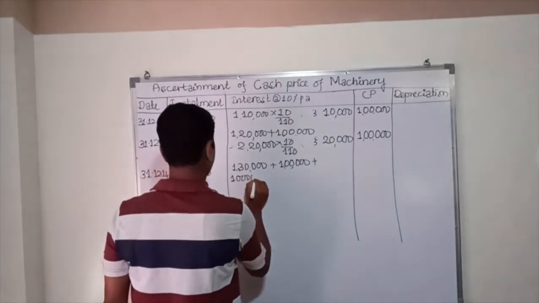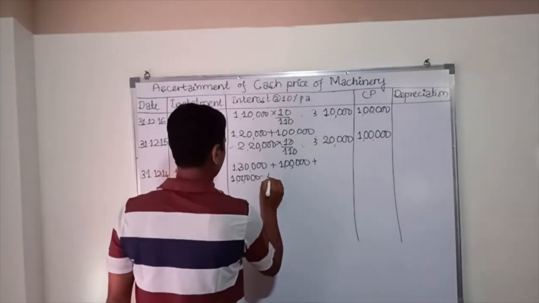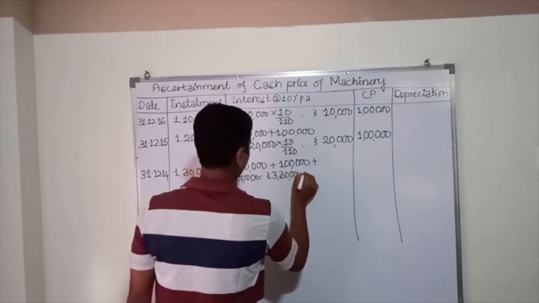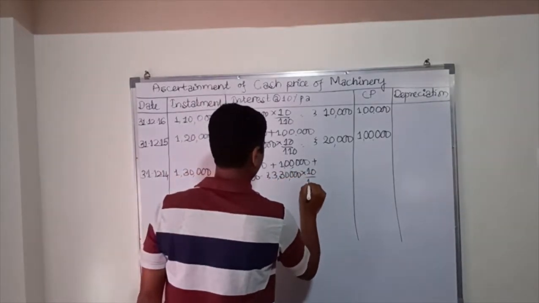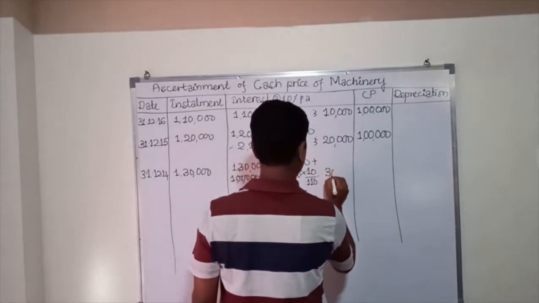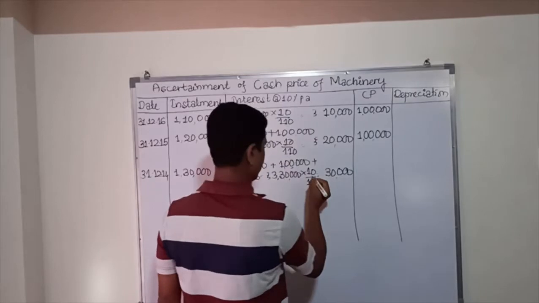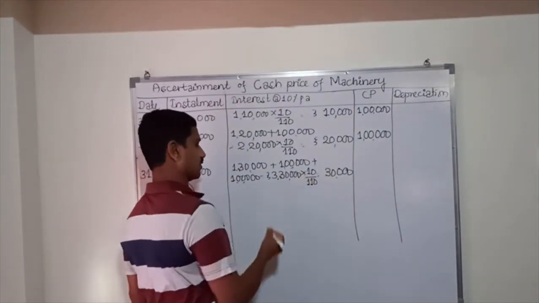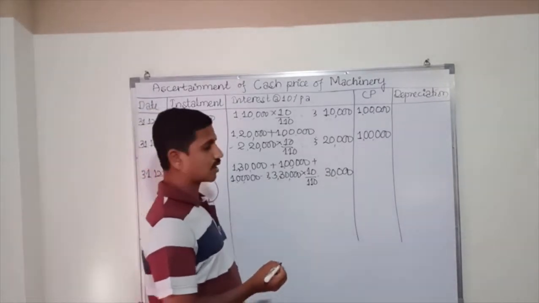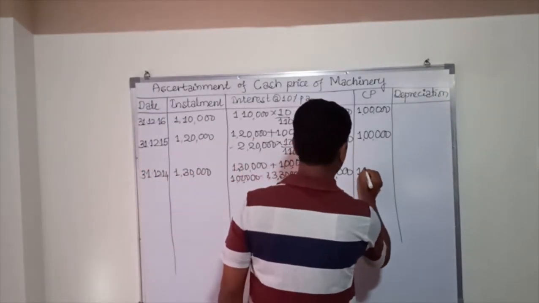So the total here is rupees 3,30,000 into 10 divided by 110. That comes to 30,000 here. Very simple, get 0 cancelled here, 11 ones and 11 threes here. Then we should deduct this 30,000 from this 1,30,000. We are going to arrive at rupees 1 lakh here.